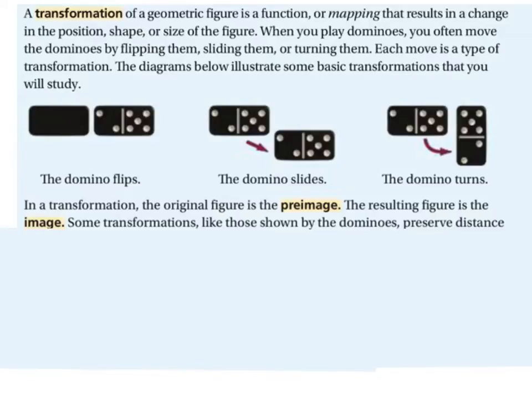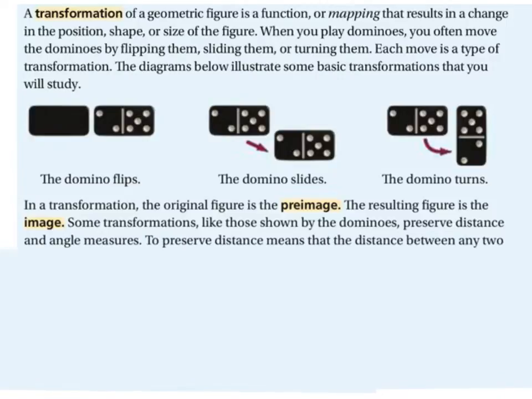And you can always think about that as a mirror. If you look in a mirror, then you yourself are the pre-image, and what you see as your reflection is the image. So when we have transformations that preserve distance, those are a special kind of transformation where distances and angles are preserved. That means we keep basically the exact same shape, the exact same size.